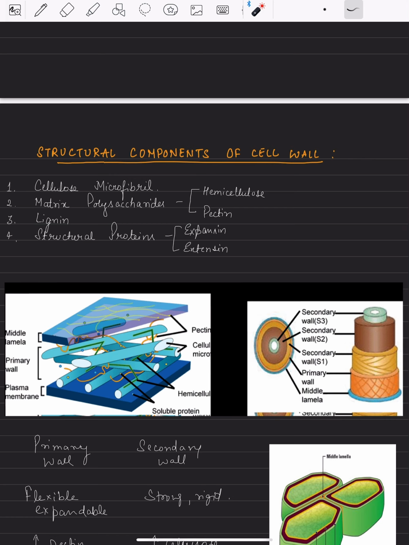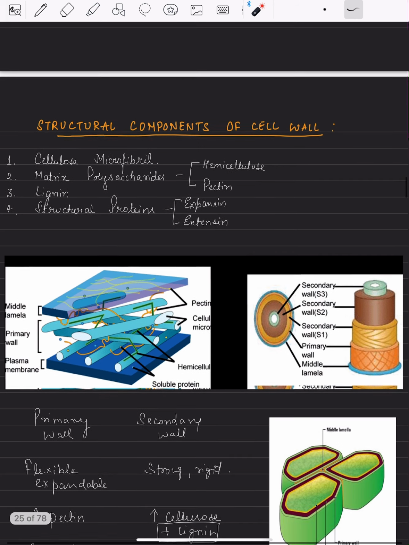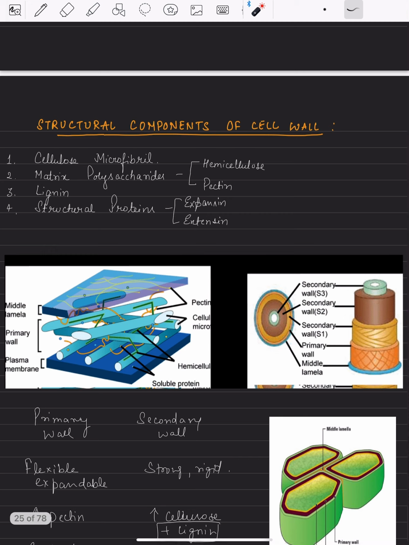Then this is the plasma membrane. In the growing cell, only the primary cell wall is observed, but in the mature cell the secondary cell wall starts forming inside the primary. You can see here the different layers of the secondary cell wall, S1, S2 as well as S3.